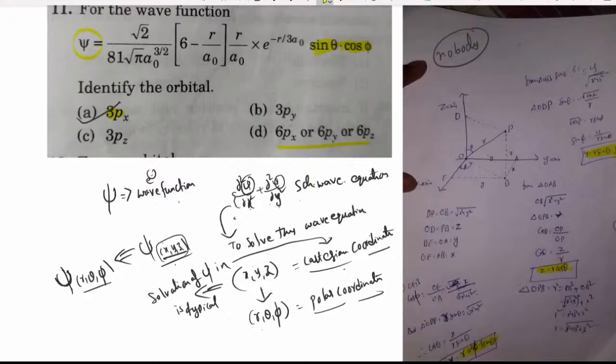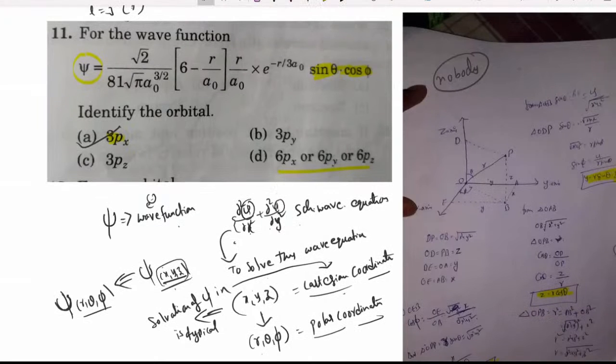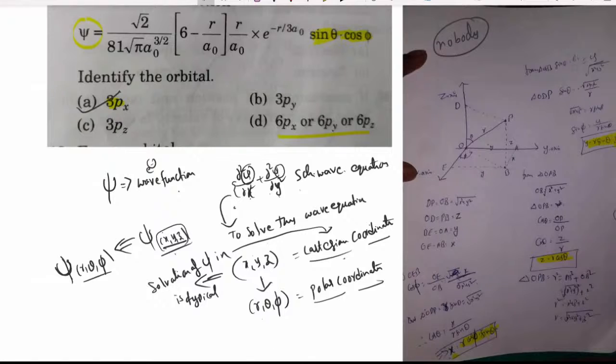That is the reason why I have converted xyz into r, theta, phi. How I converted, I have given all the things in my notes. This is my note, written in 2012. So this is the way I have solved this one, shown in front of you.